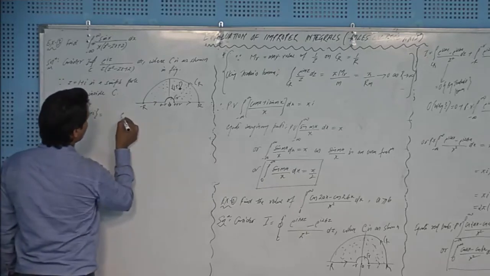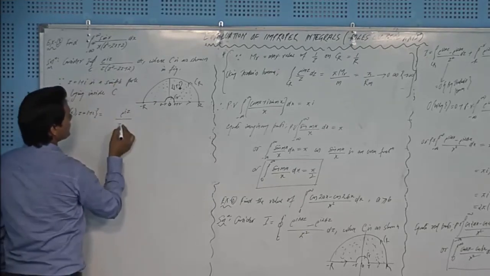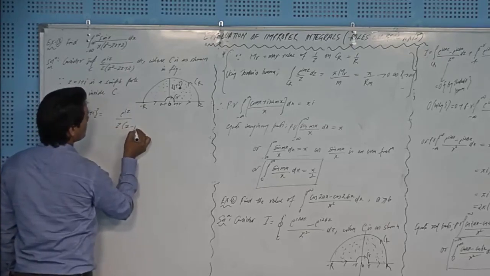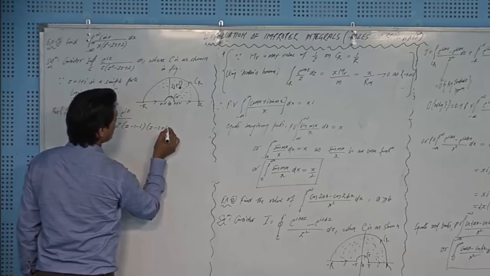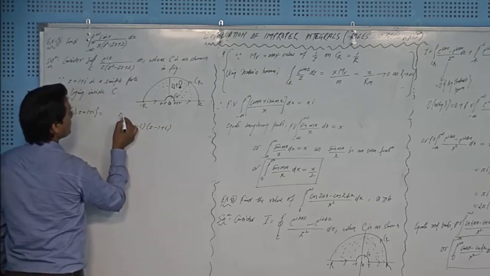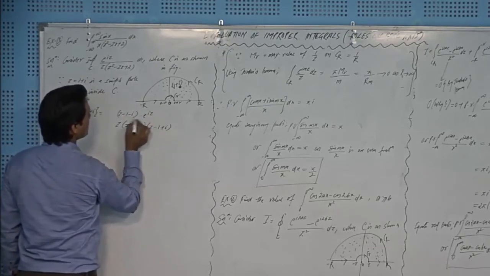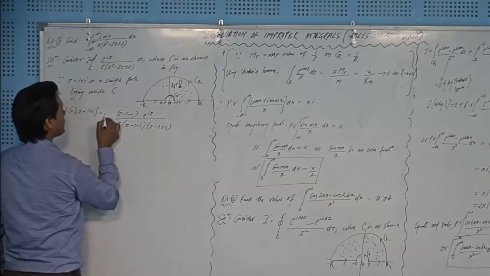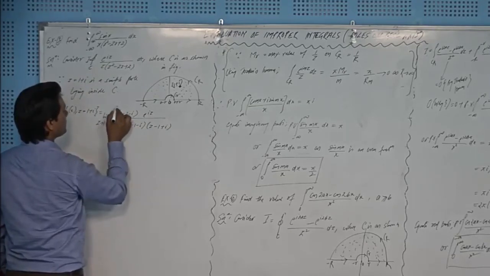Okay, e to the power iota z, and that should be z multiplied by z minus 1 minus iota, and another should be z minus 1 plus iota, if I am not wrong, and it should be like this, z minus 1 minus iota and e to the power iota z, and then we put limit z tends to 1 plus iota, right?